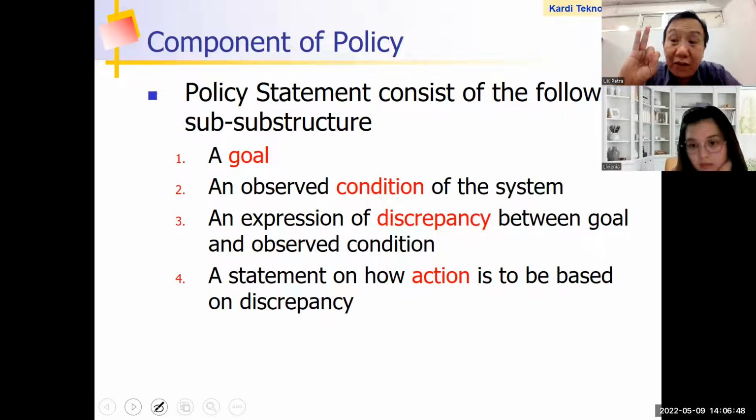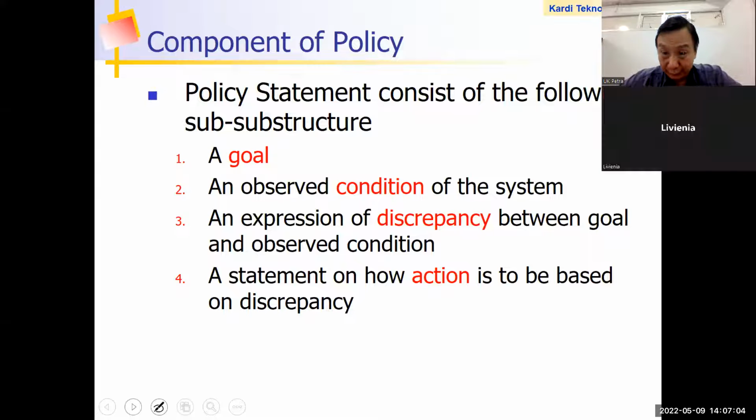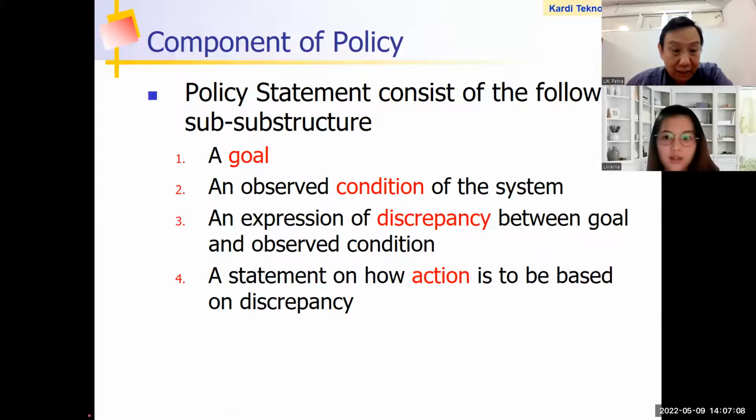What is this? Level. Number three, you need to have an expression of discrepancy between the goal and the observed condition. Number four, a statement on how action is to be based on the discrepancy.